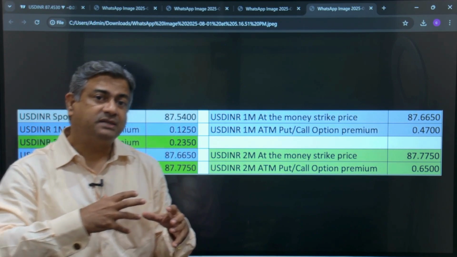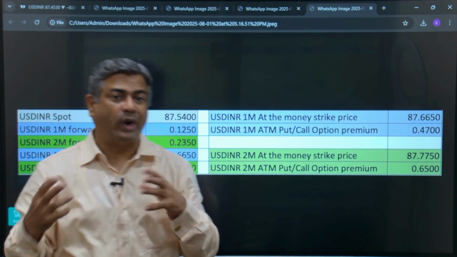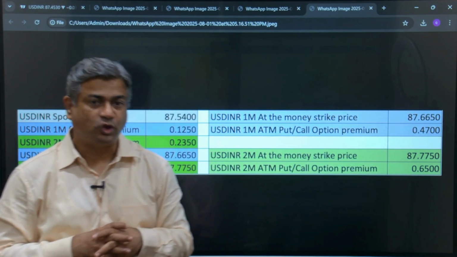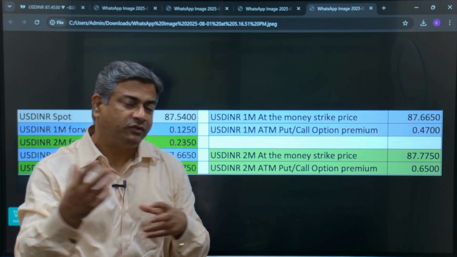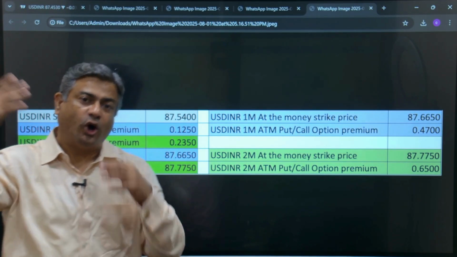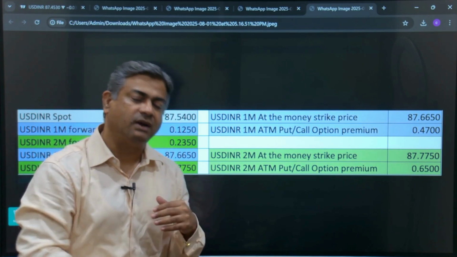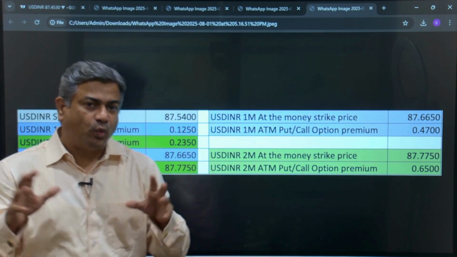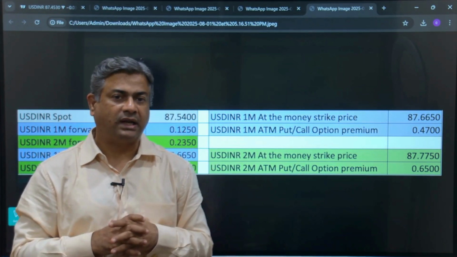If the markets are moving 2 rupees in 1 month, these option premiums are worthwhile to pay, because by paying 40-45 paisa an exporter is able to capture unlimited upside, or an importer is able to capture unlimited downside. So options also come out to be very attractive in such volatile times.